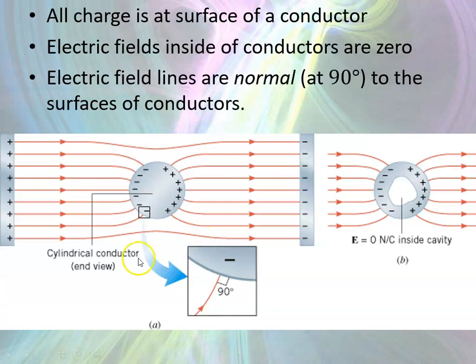So let's say you have a capacitor here, and you put a conducting ball into the middle of that capacitor. Well, if the left side is positively charged and the right side is negatively charged, that would mean that if you didn't have this conducting ball here, the electric field lines would just go directly from left to right. We'll explore this in more detail in chapter 26.